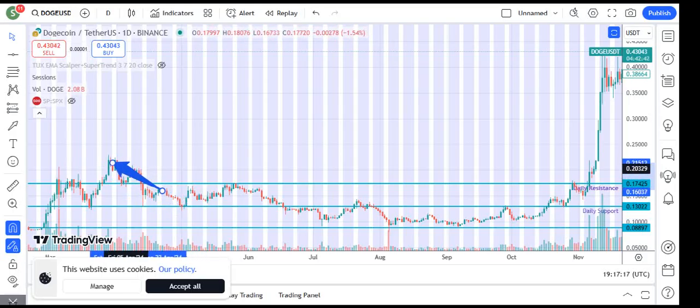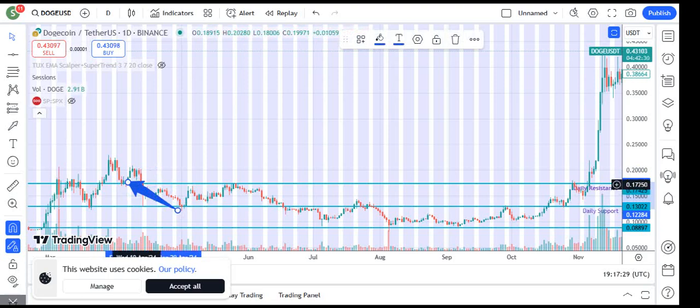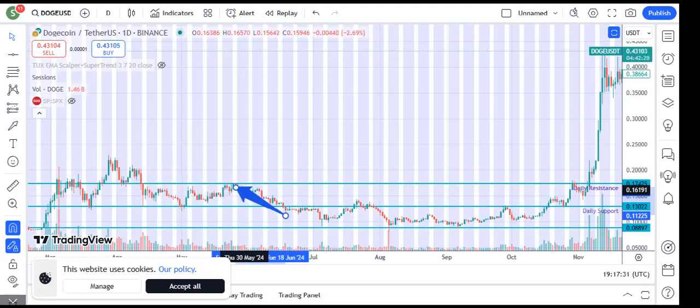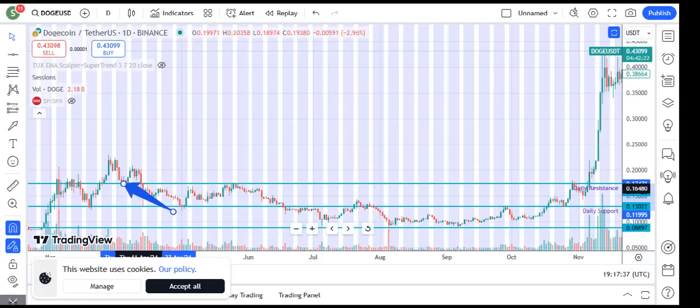Just imagine you were standing here, you threw a ball down on the floor and it hit your floor and bounced up. Meaning this was even a previous support before it became our new resistance. Are you seeing that?